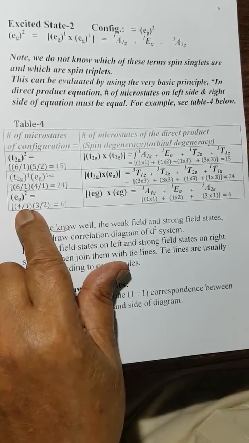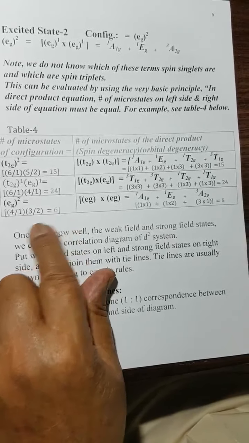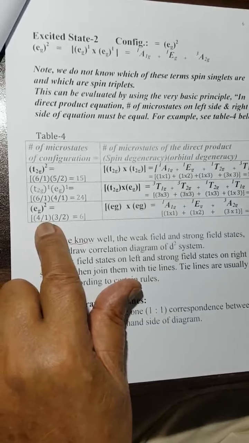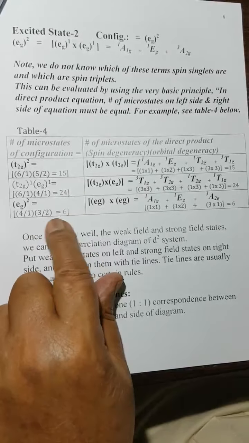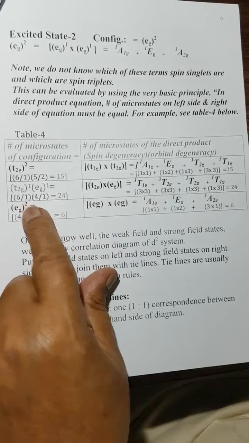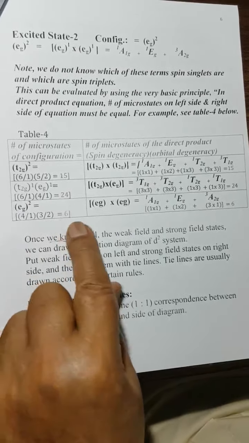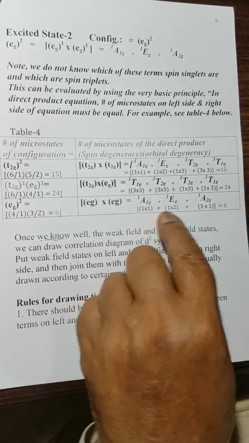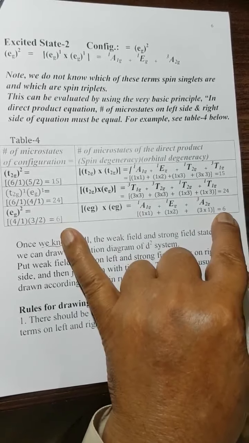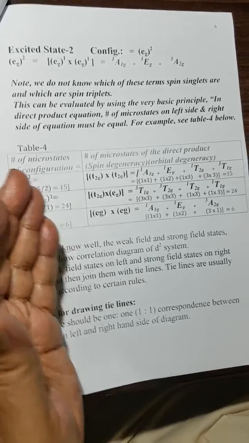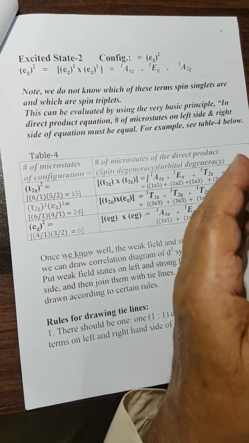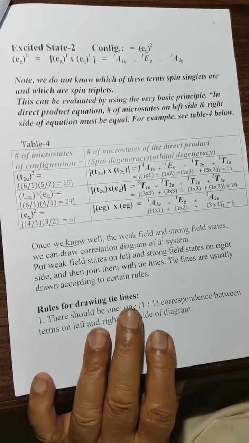Similarly, EG2: 4 divided by 1 multiplied by 3 divided by 2 gives 6, with 2 electrons, so again 6 and 6. Whatever is on the left hand side, after splitting, should equal the same on the right.